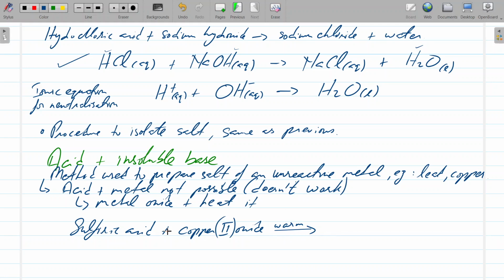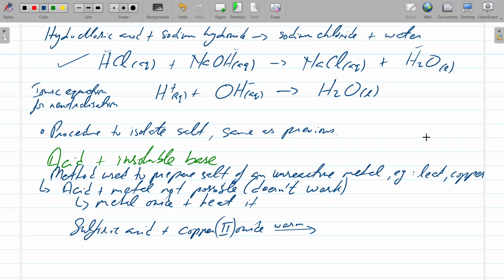So you're going to warm, you're going to add these two. Copper 2 oxide is insoluble, right? Sulfuric acid is obviously aqueous. You're going to add the copper 2 oxide crystals to sulfuric acid. You're going to warm this. My question is, what kind of salt will you be getting? Can you guess?